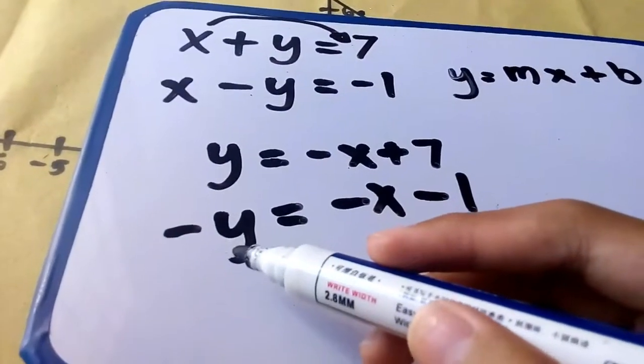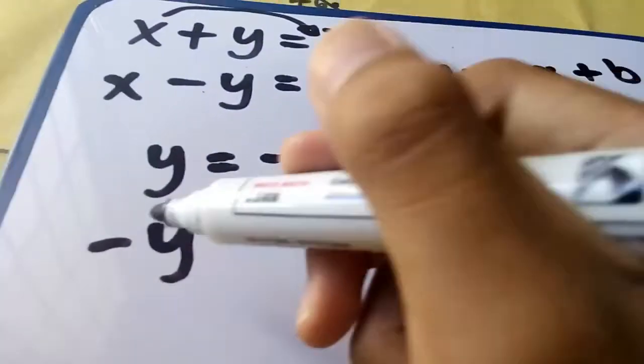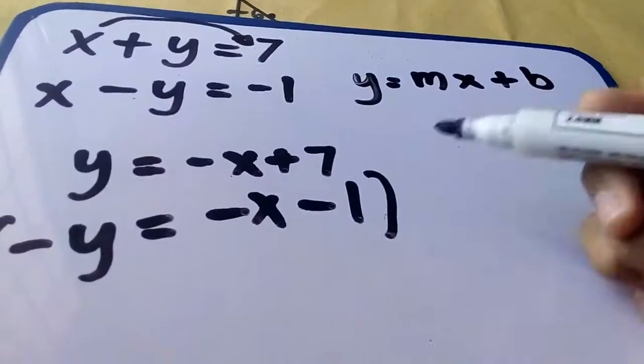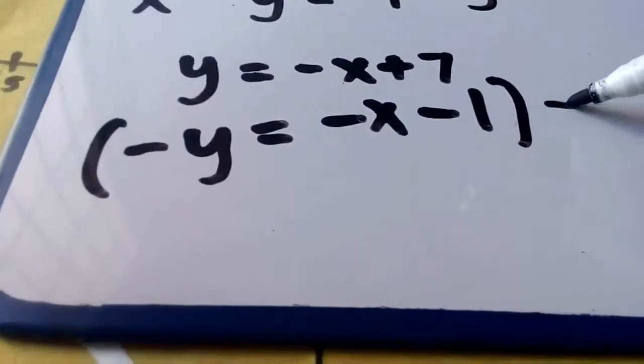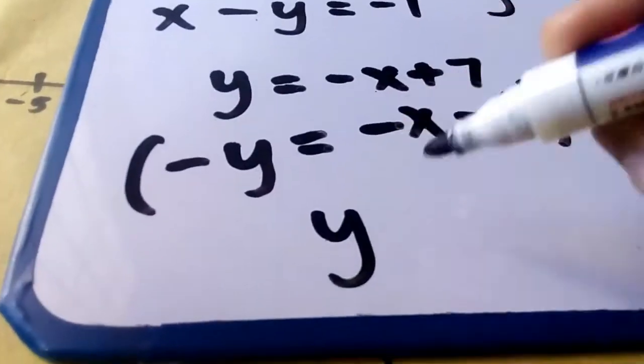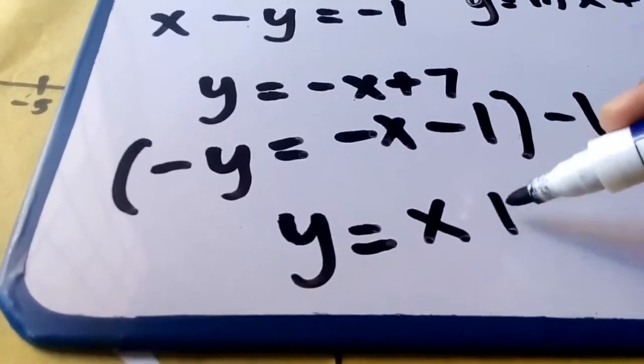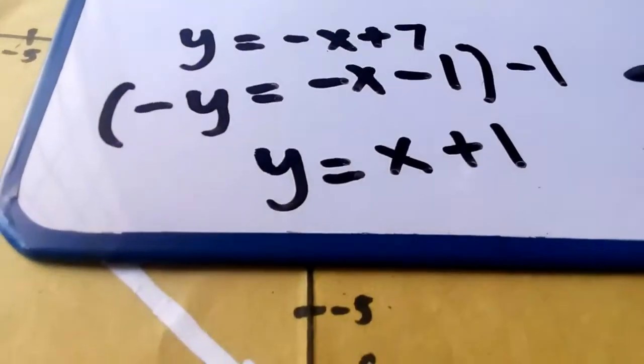Since y can't be negative in this formula, we have to multiply it by negative 1. So the product will be y is equal to x plus 1.